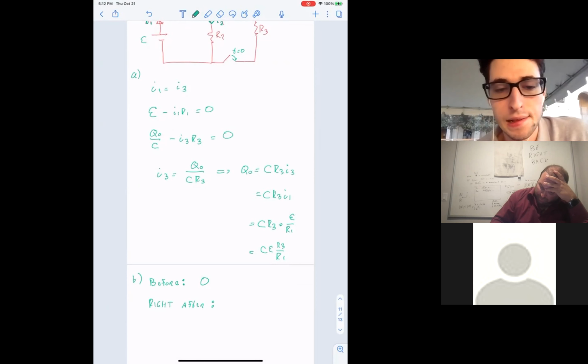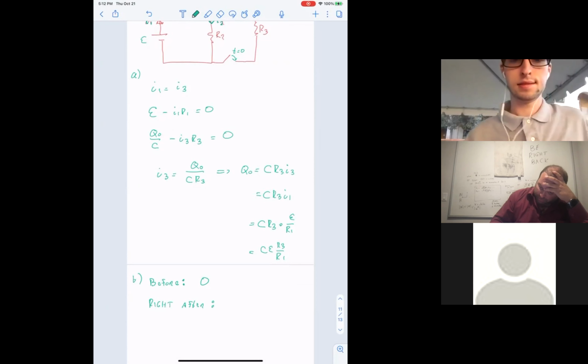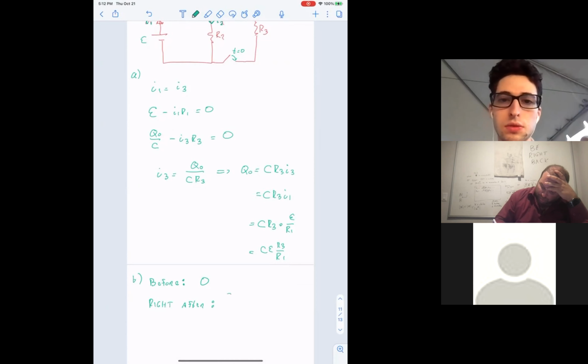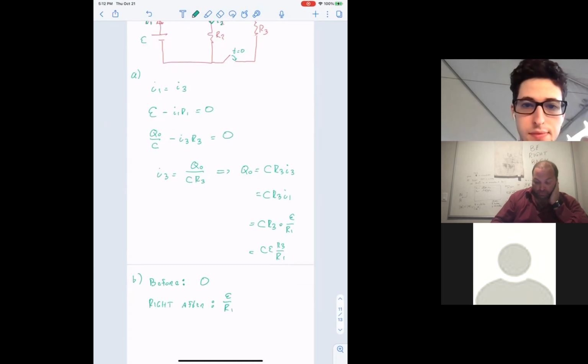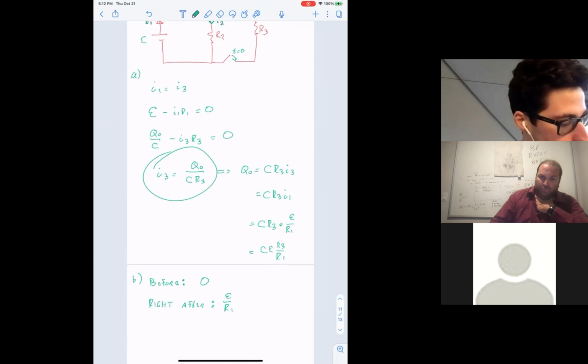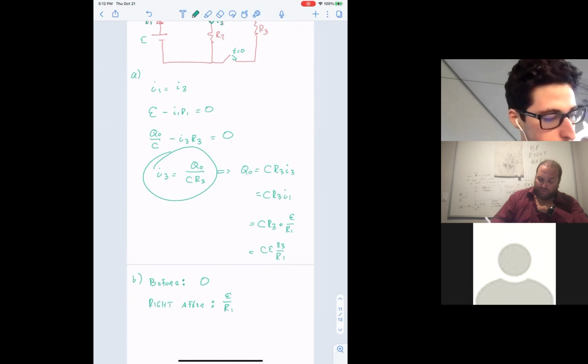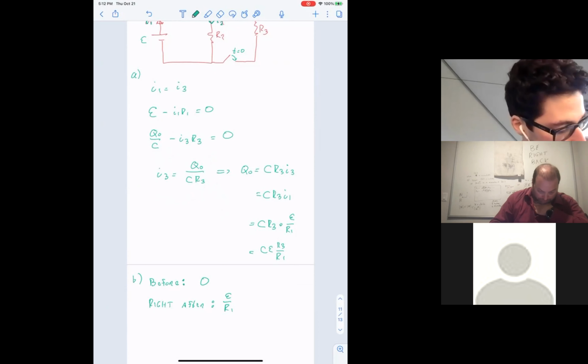Well, I3 is just E over R1, because the C doesn't matter, it's like a wire, like a short circuit. But we have this formula here, so just plug in Q naught and everything cancels but E over R1.